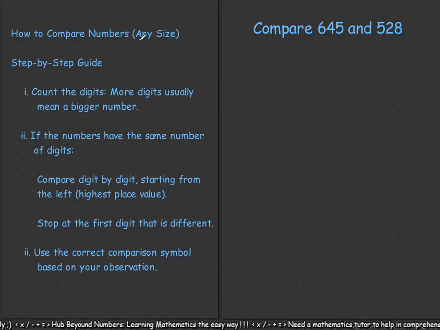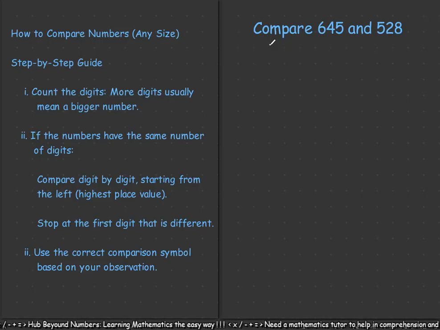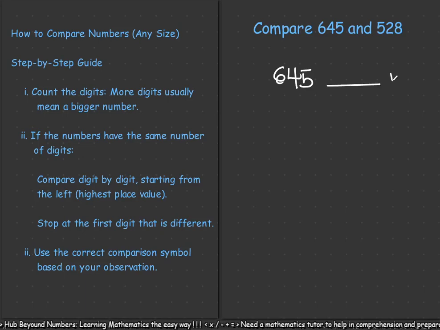So let's look at these steps. Talking of how to compare numbers of any size, the step-by-step guide. First of all, count the digits. Alongside following the instructions, we'll be solving some questions so that you see the application of what we want to do. The first one says we should count the digits. Now, we have 645, and then we also have 528.